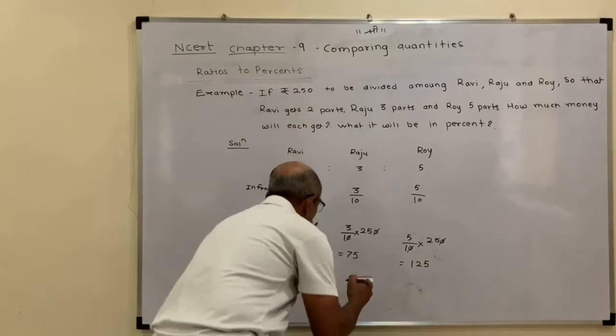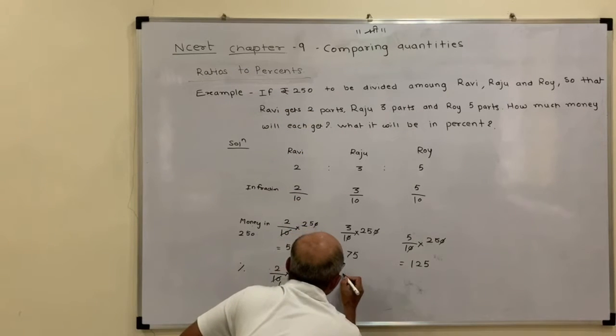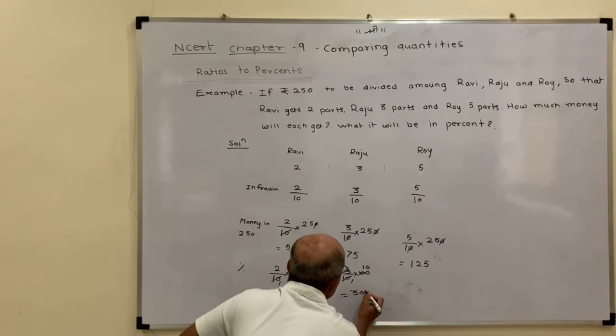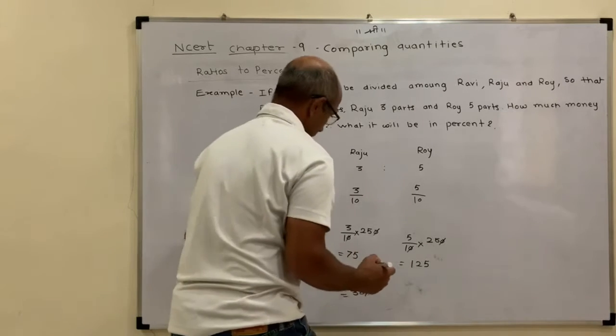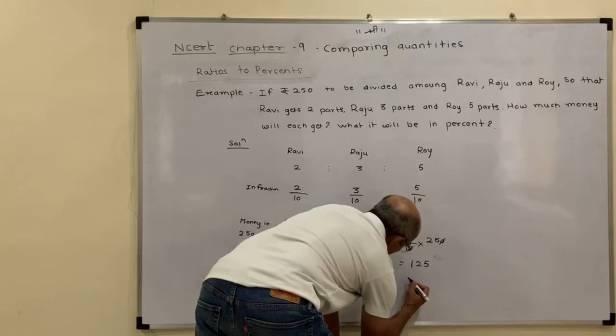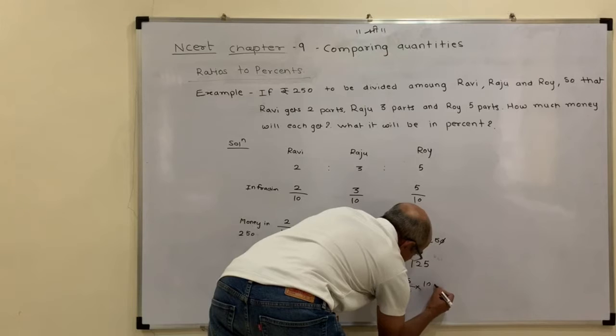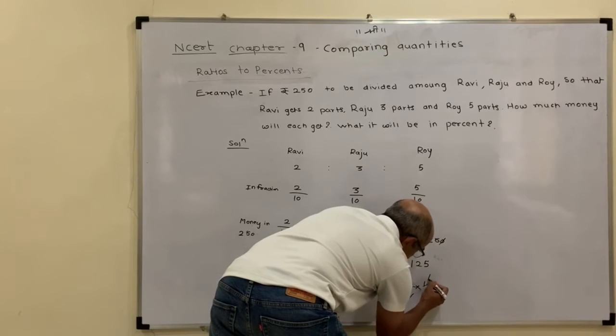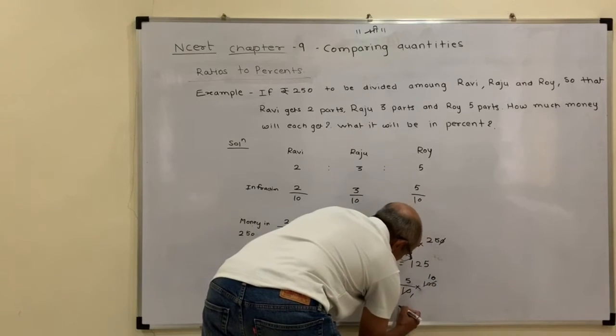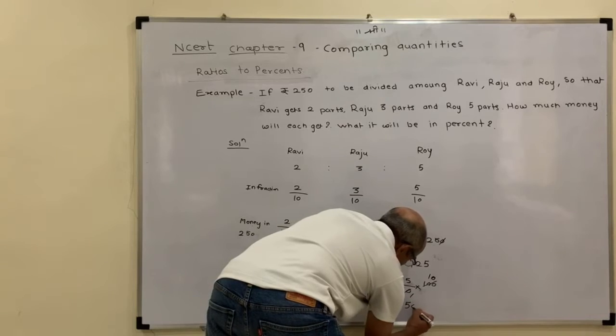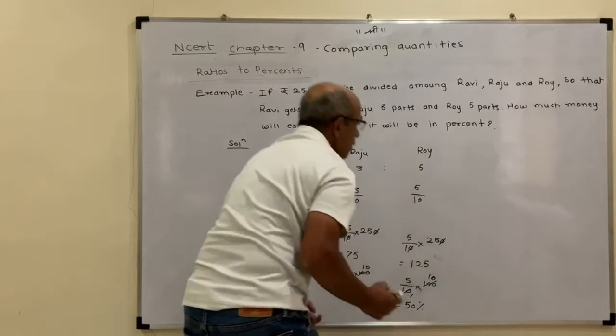Then 3 divided by 10 into 100 comes out to be 30%, which will be Raju's share. And then 5 divided by 10 into 100, 10 ones are 10, 10 tens are 100. So 50% will be the share of Roy.